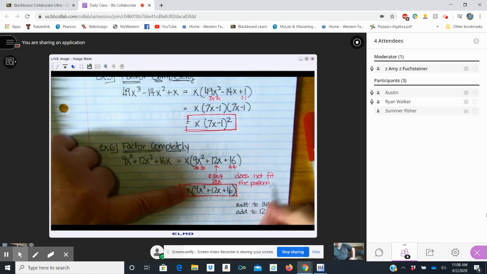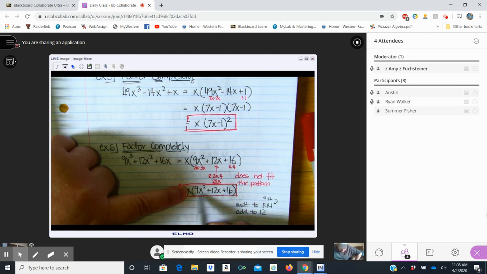I get 144 from 9 times 16. Basically what you're going to find is that there are no numbers that multiply to give you 144 and add to 12. So at that point, you would say this cannot be further factored, and you'd be done.